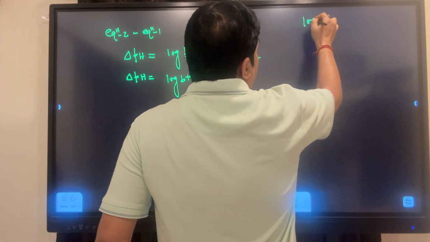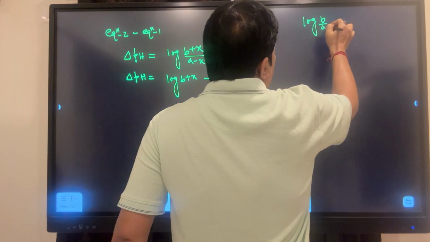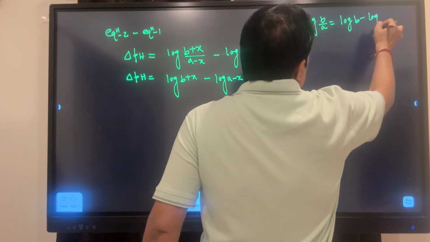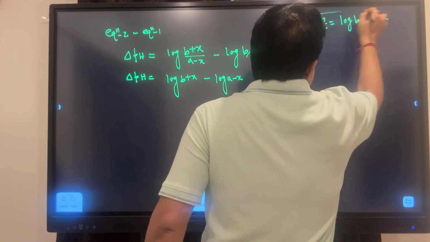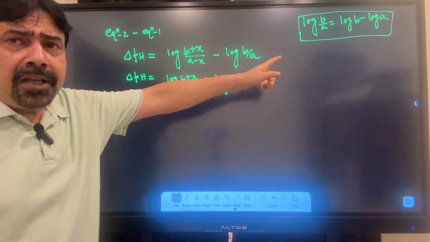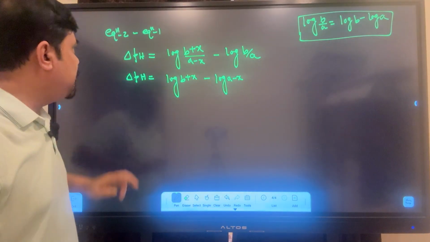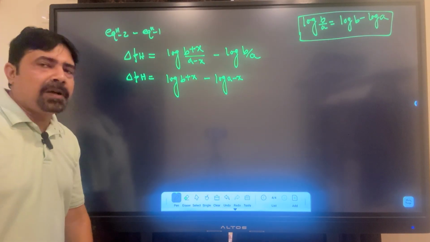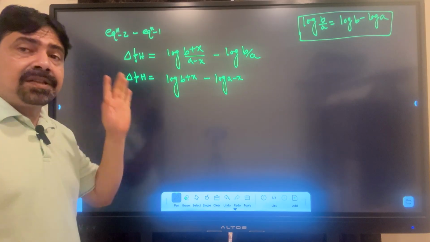Log B by A will be equal to log B minus log A. This is the formula. Now here we are getting delta pH equals log of (B plus X) minus log of (A minus X).